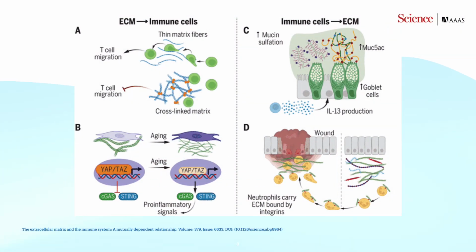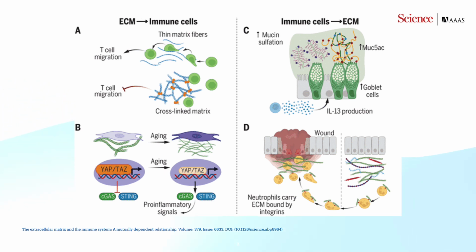But before that, I would just like to present this figure, created with BioRender, of this research entitled The Extracellular Matrix and the Immune System, which is a mutually dependent relationship. In letter A, it will show you the physical and molecular properties of the ECM that control immune cell positioning and migration within a tissue during disease or pathology.